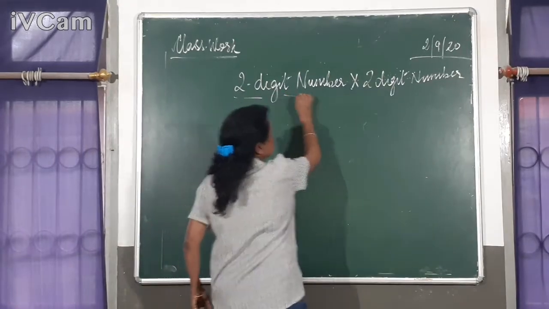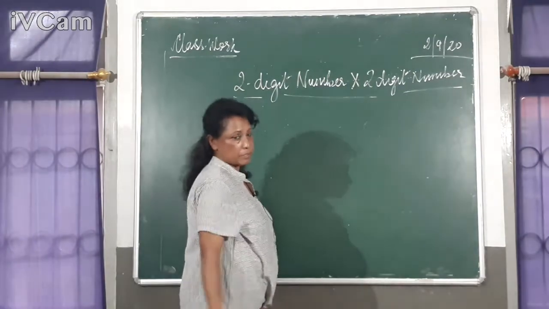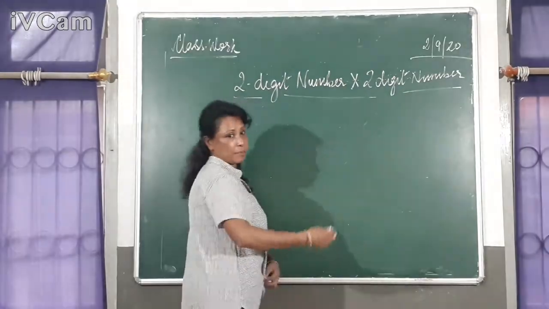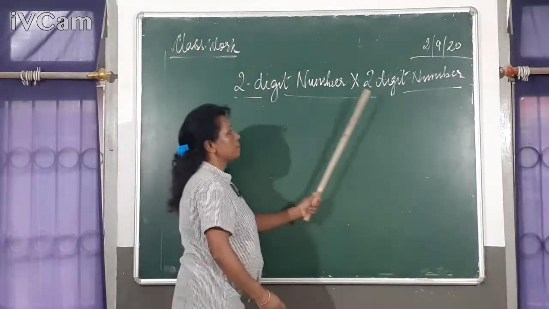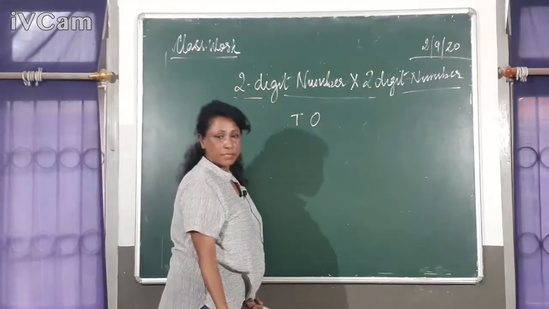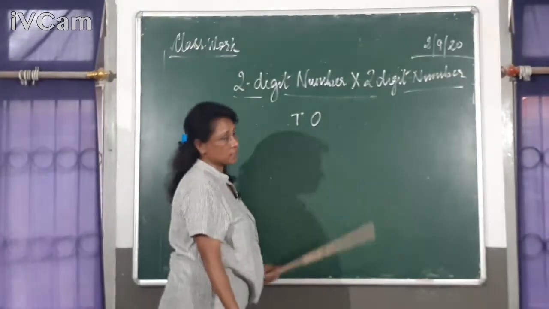Okay. Two-digit number by two-digit number. Multiplication with two-digit numbers. Now I am going to start with long multiplication. Now 2 digits by 2 digits. What do I mean by 2 digits by 2 digits? Now let's see. Ones and tens. 2 digit means you have two place values and those are ones and tens, right?